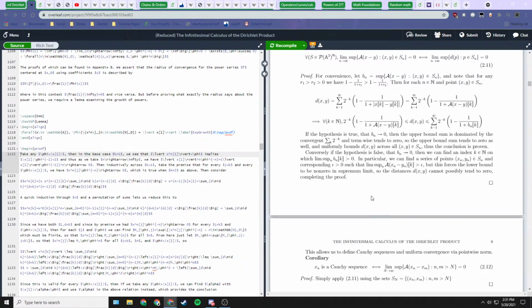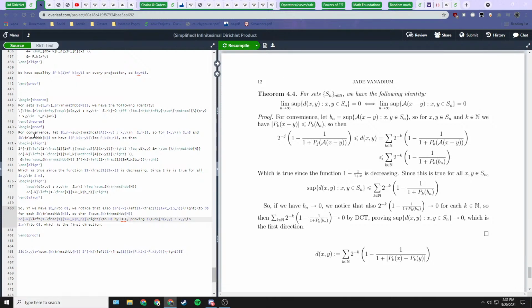And once we find that, so up here we have... okay, so we have this bounded by that, which is that, and that's bounded by this.